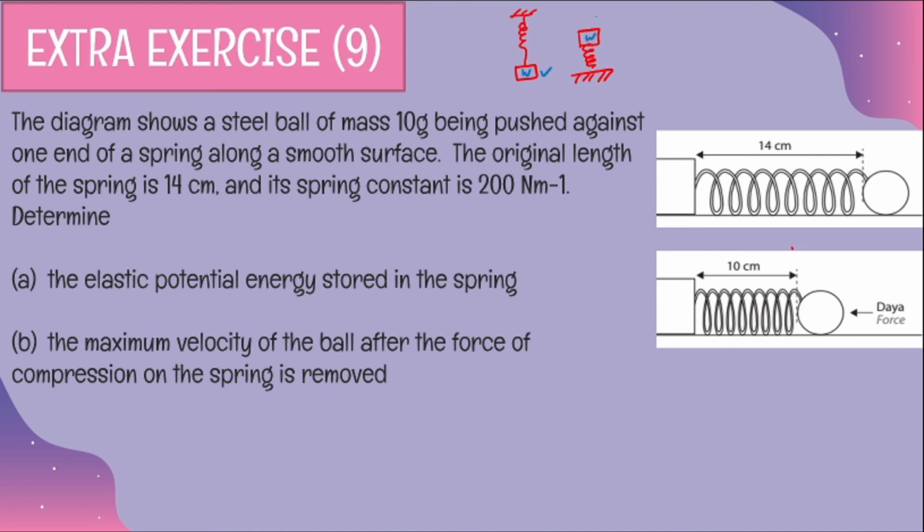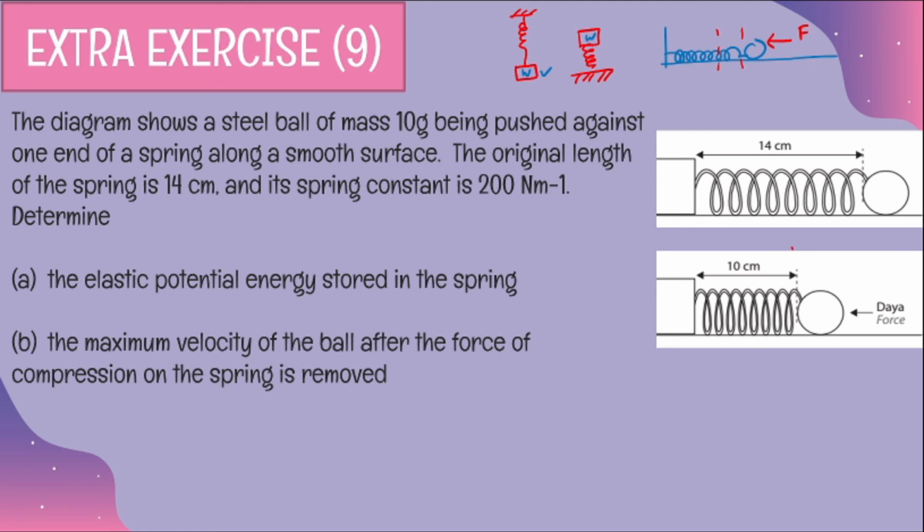But this time we have spring arranged, they are placed horizontal. Macam ni. So when the spring is placed horizontal, mass of the spring doesn't affect the compression. So the length of spring depends on the force applied, the push applied.